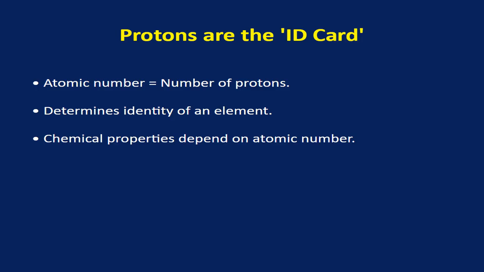For example, every atom with one proton is hydrogen. Every atom with 8 protons is oxygen. If you change the number of protons, you change the element itself. This is why the chemical properties of an atom depend solely on its atomic number.